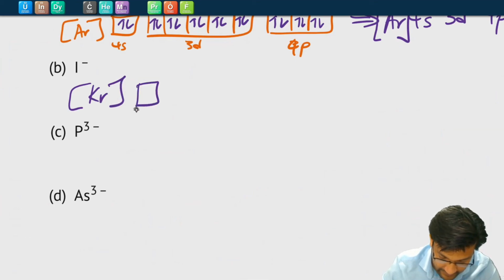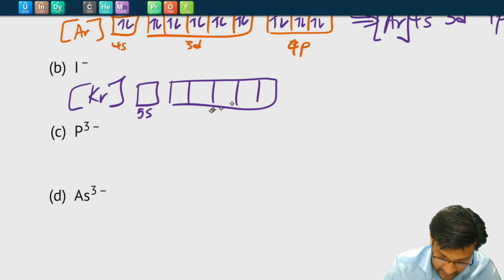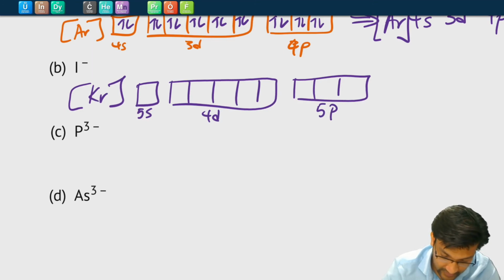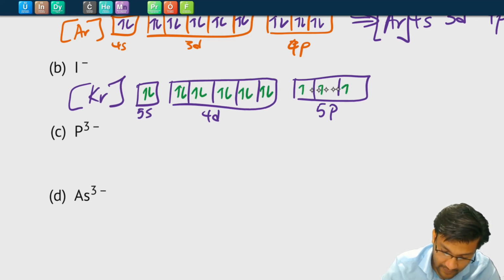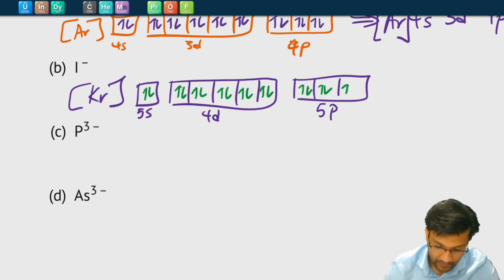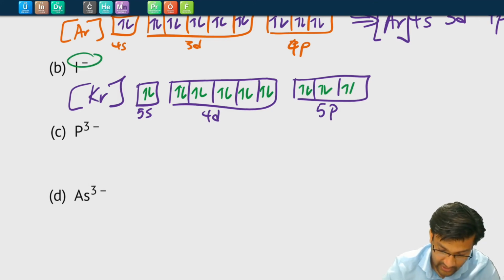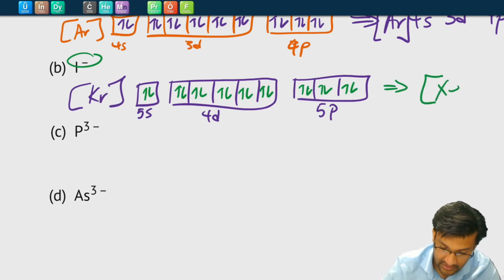We have our 5s block, our 4d block, and then we have our 5p block. We'll fill these out. This has 2, this has 10. And we talked about how this has 5. But to get I minus, we add 1 extra one. It fills everything up, so we have the same electron configuration as xenon.